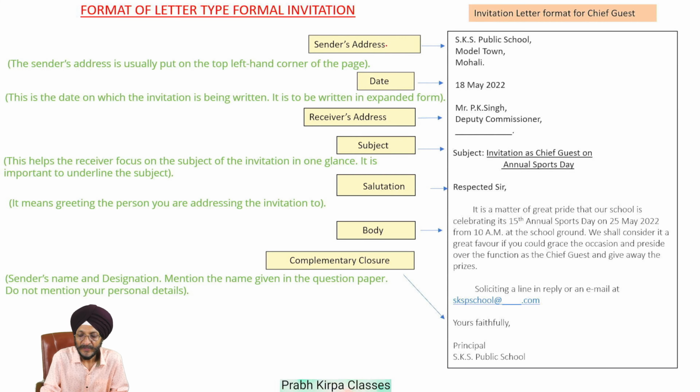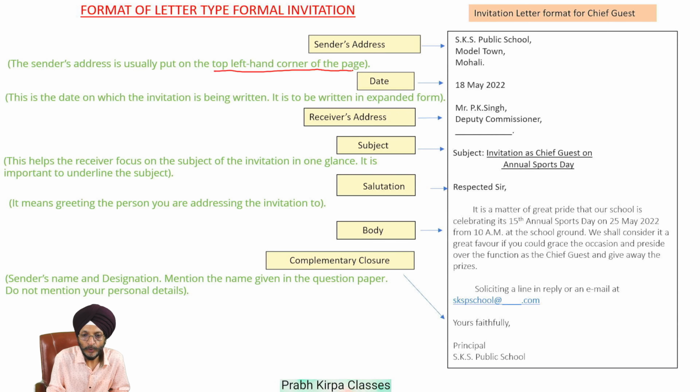First comes the sender's address. This may be on a plain paper, or we may use the printed letterhead of the institution. That is, if your school has printed letterheads, you may use that for inviting the chief guest.